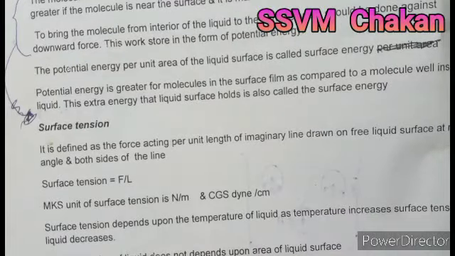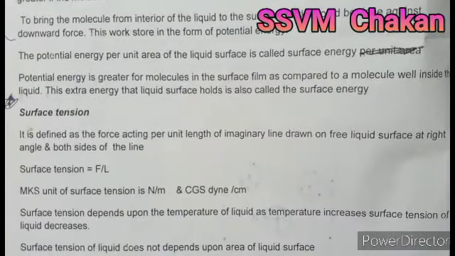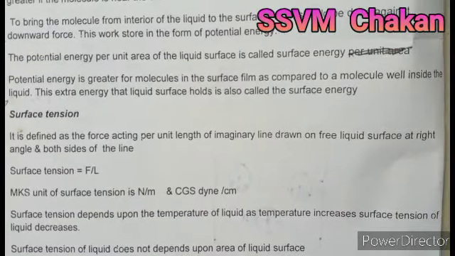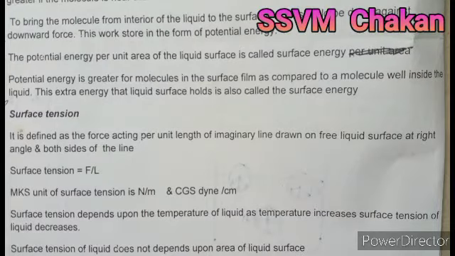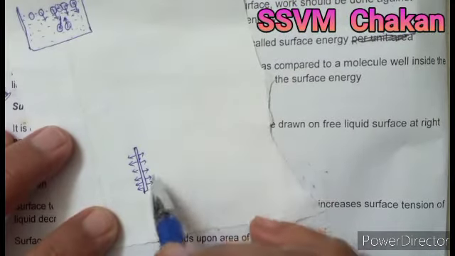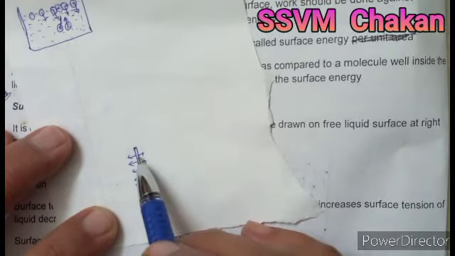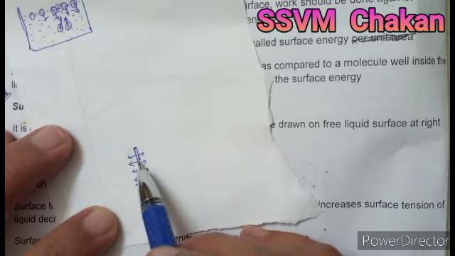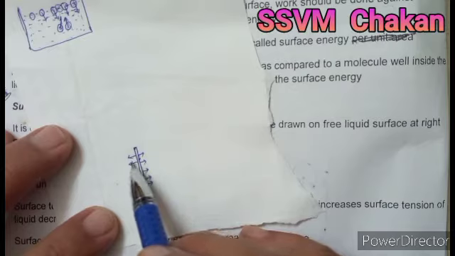Surface tension is defined as the force acting per unit length of an imaginary line drawn on the free liquid surface, at right angle and on both sides of the line. What is the meaning of that? If you consider a stick floating on the surface of a liquid, then you observe that around the stick there is some tension present. The surface is slightly curved.